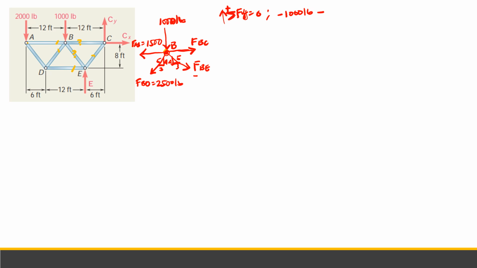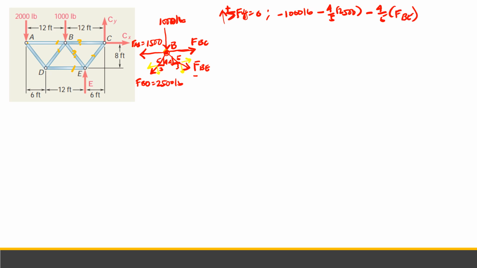So this is to the left and downward and to the right. The slope is 4, so that is 4 over 5 of FBD, which is 2,500 pounds, minus the same 4 over 5 of FBE.